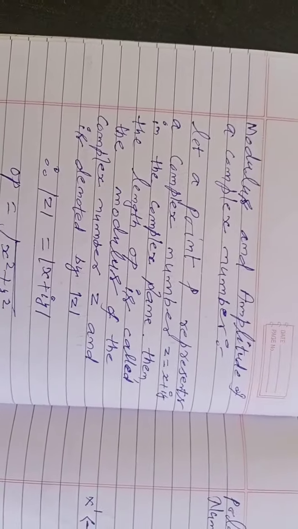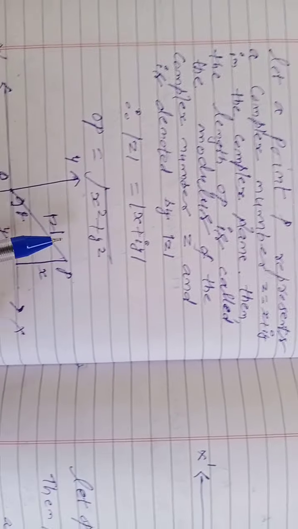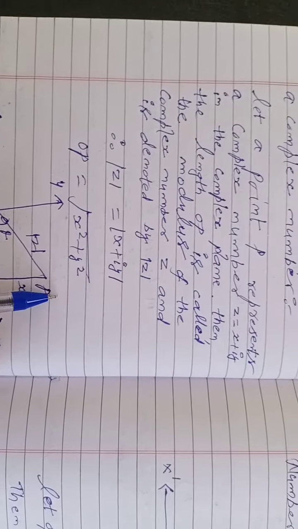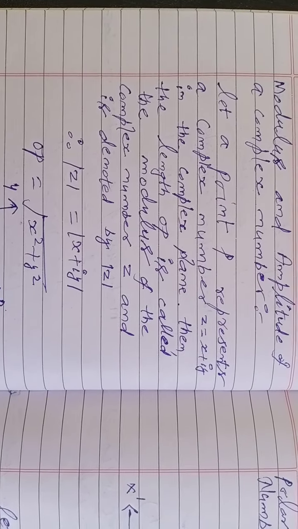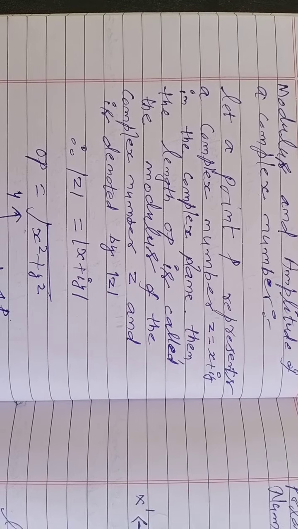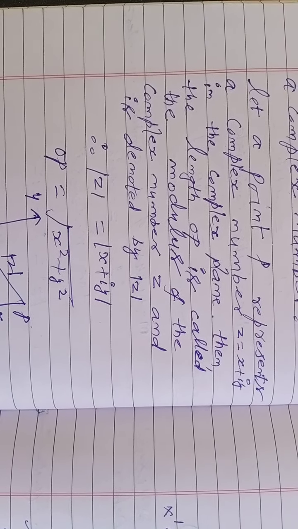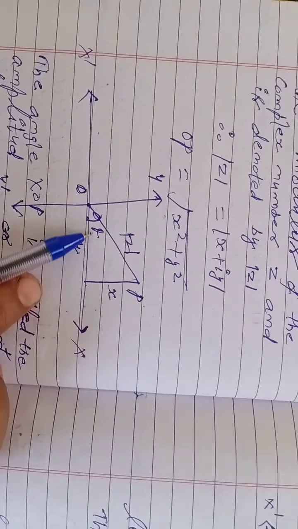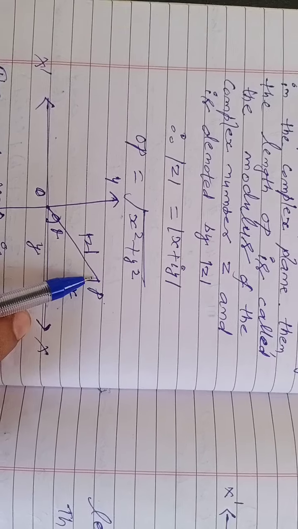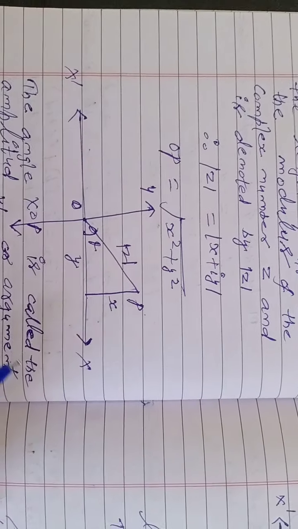Now modulus representation in graph. Let a point P represent a complex number z is equal to x plus iota y in the complex plane, then the length OP is called the modulus of complex number z and is denoted by mod z. OP can be found like OP is equal to under root x square plus y square.